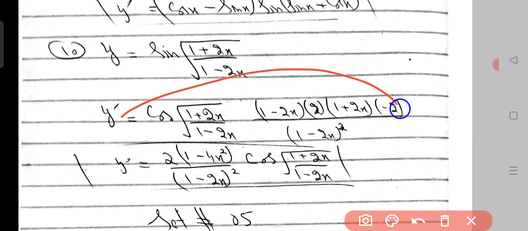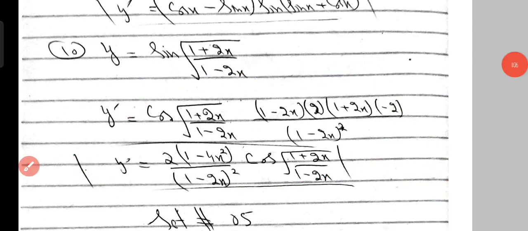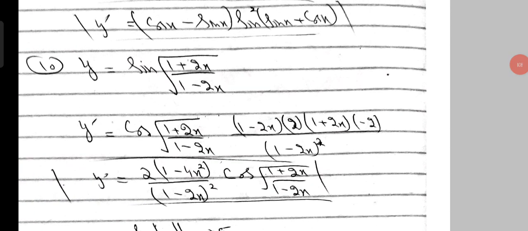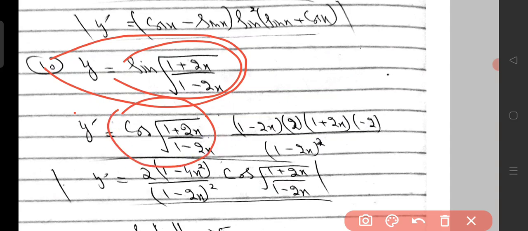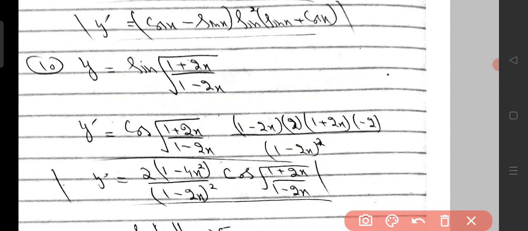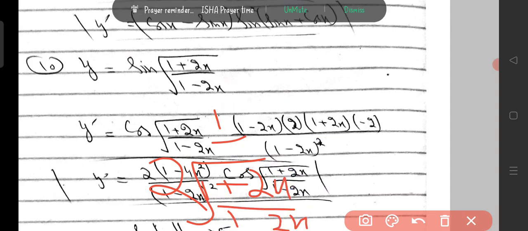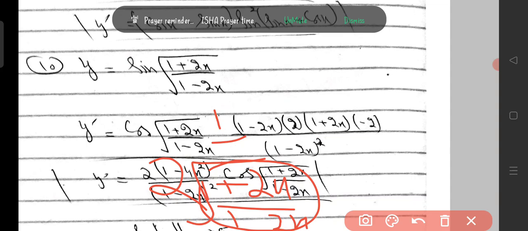Here is a very big mistake, so I repeat again this one question: y is equal to sine under root 1 plus 2x divided by 1 minus 2x. First of all, the derivative of sine x is equal to cos x, and then the derivative of this thing, which is 1 over 2 root 1 plus 2x divided by 1 minus 2x, and then the derivative of this inner fraction, which you will find by using the division rule.